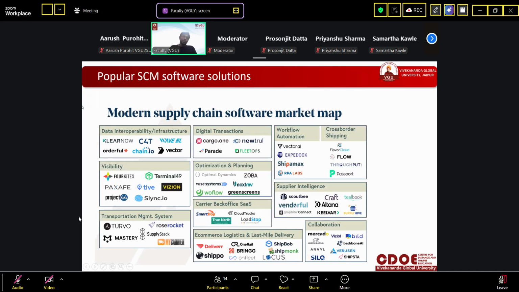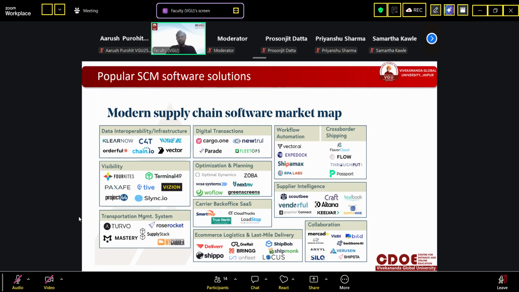In modern times, there are different software products helping supply chain management in different industries. If your industry is at the infrastructure level, these companies help to outsource their platforms. For digital transactions, workflow automation, cross-border shipping, visibility, optimization and planning, and in transport management systems, these companies work.